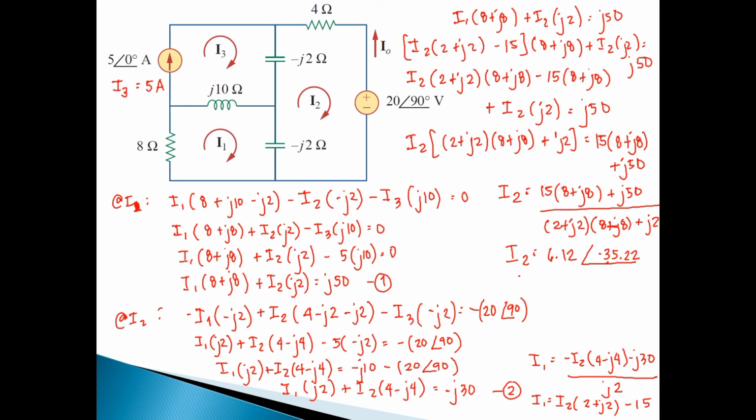Then I0 is equal to negative I2. Therefore, in this case, we have to multiply I2 by negative 1 to get I0.